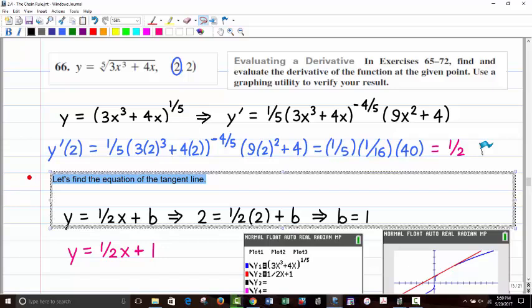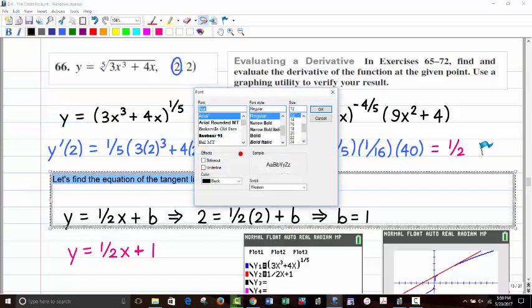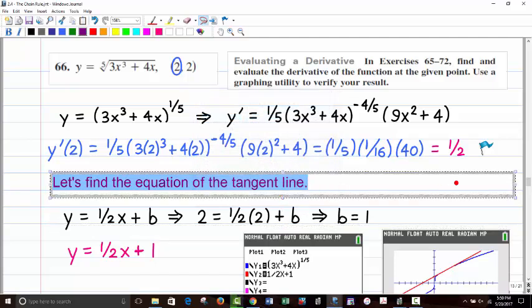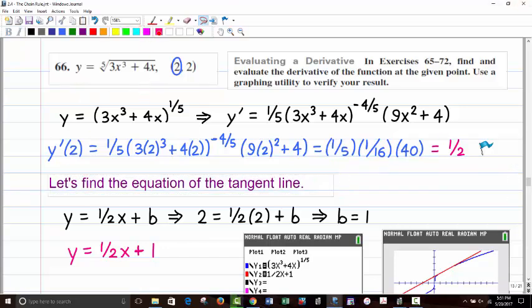All right, so you're going to rewrite that as raised to the 1/5 power. And then we would bring the 1/5 power down, subtract 1 from 1/5. That will give us -4/5 right there.